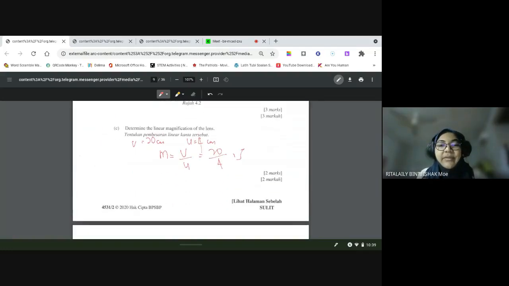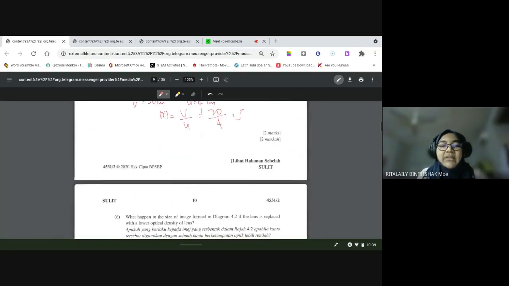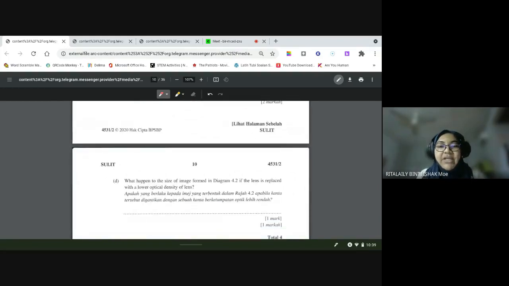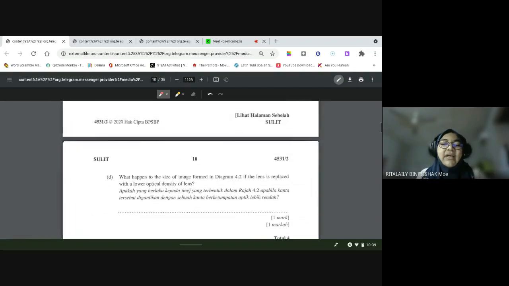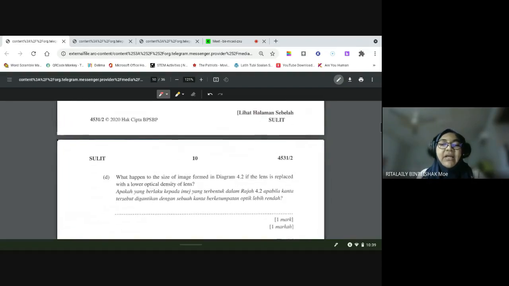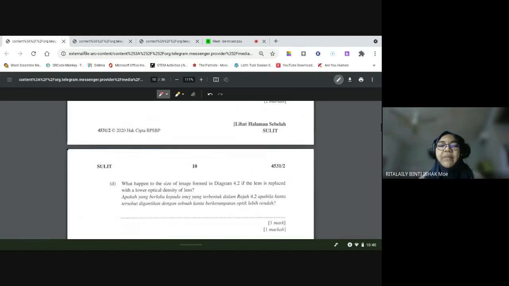Okay. What happened to the size of image if lens is replaced with lower optical density of lens? Ketumpatan optik yang lebih rendah. So what do you think will happen to the size of image? Kalau dia punya ketumpatan optik lebih rendah, refractive index dia juga lebih rendah.